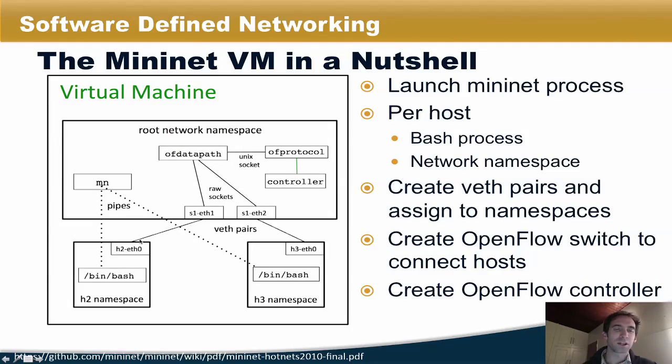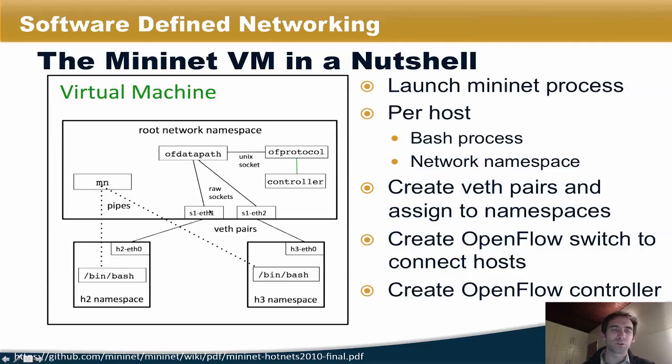And so the idea here is to create a tunnel between the virtual interface that's in the namespace of a particular subprocess. For example, here, the H2 namespace has a virtual interface, and we need to connect that to a real interface that's sitting in the root network namespace.